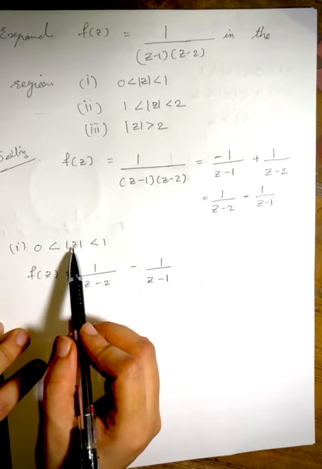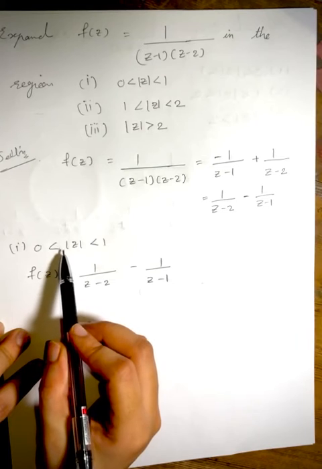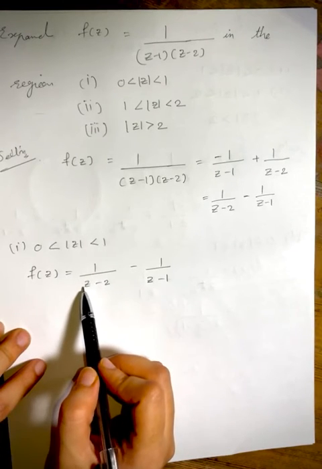Suppose I take a midpoint, half, which is between 0 and 1. Now what you will do is put that value into this, and then you see what the overall result is.